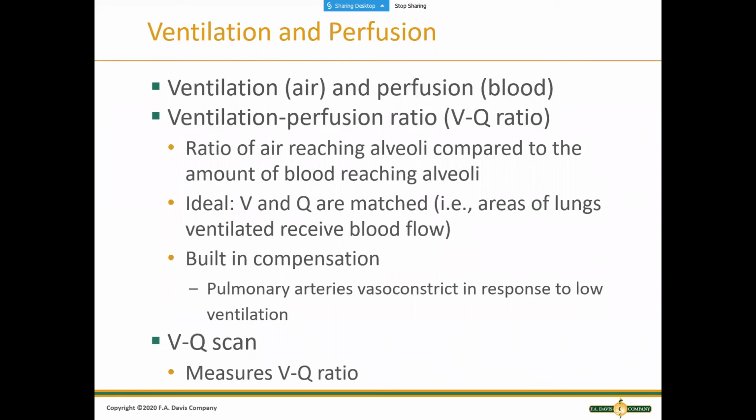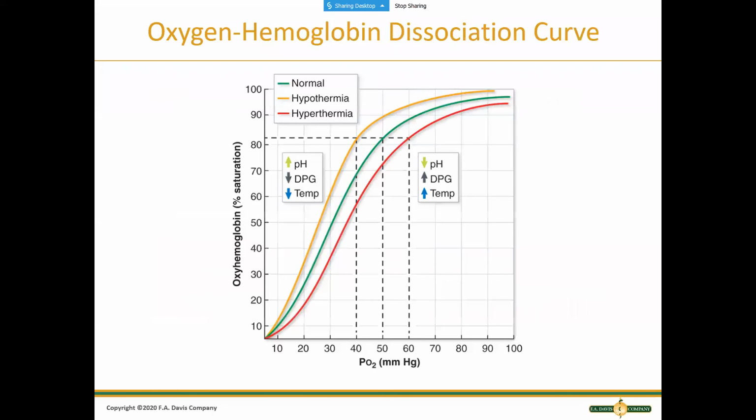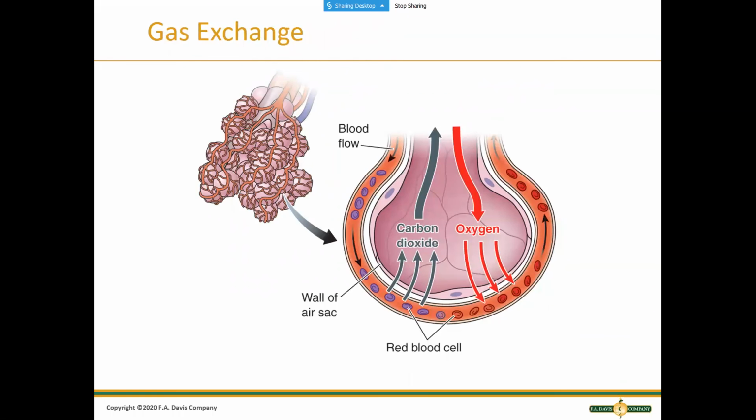Ventilation and perfusion. The idea of the VQ, the Q stands for perfusion. Somewhat confusing, but if we go back to that picture of the alveoli, the V for ventilation is talking about the airway, the air inside the alveoli.